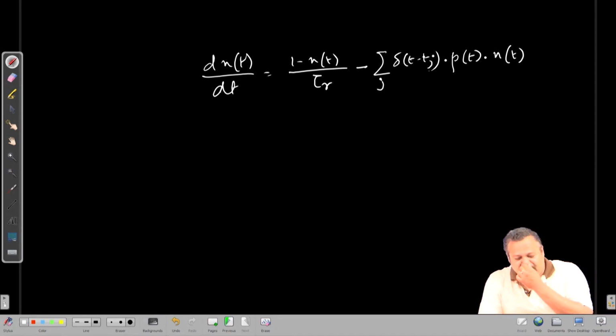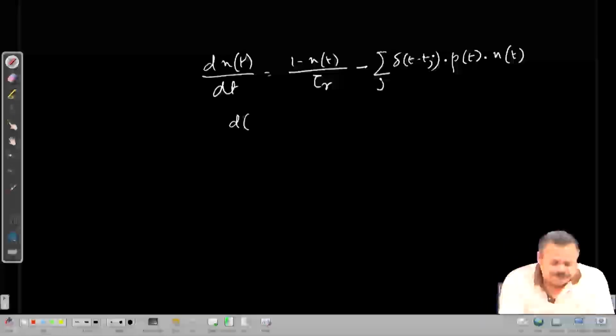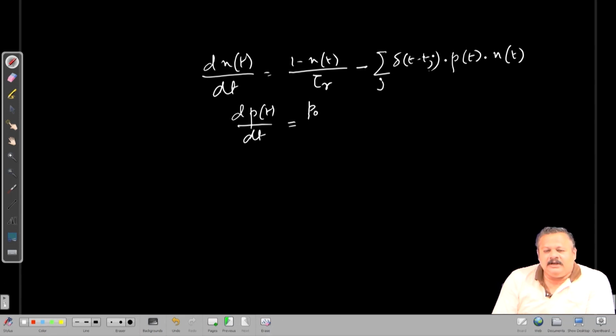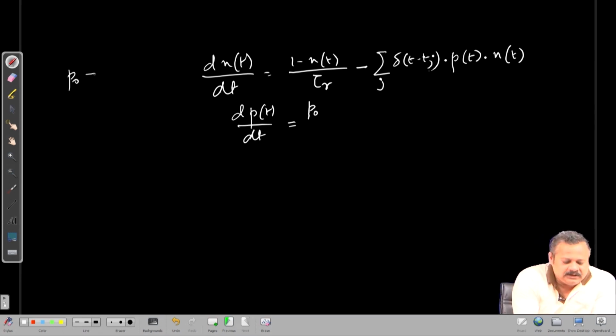Now, in terms of the idea of PT reflecting calcium, we need to have a dynamics of PT, that is the dpt dt. So, we will have to have a baseline probability of release. When there is no activity going on, there is a certain probability of release, that is P0. So, P0 is the baseline release probability.